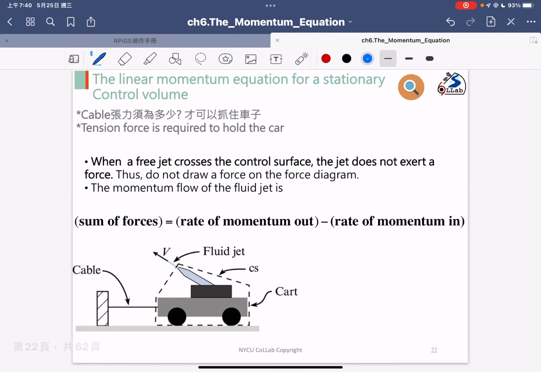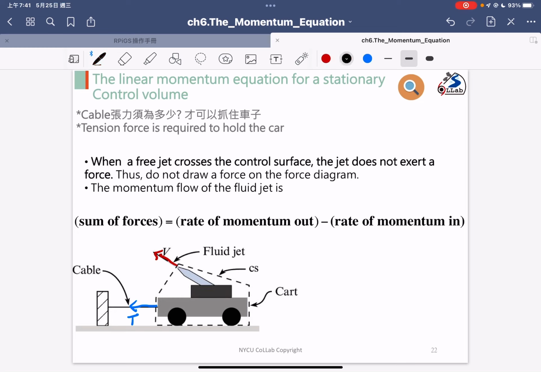So the exercise shown here asks how large a tension force is required to hold the car. We know that the tension force holds the car in the direction to the left, and we have the fluid jet flowing out to the left-hand side.